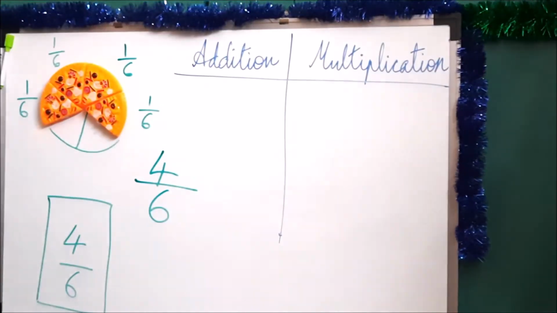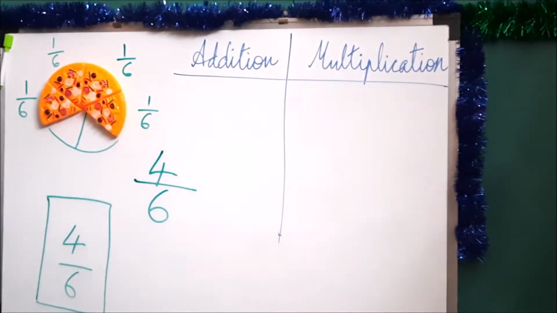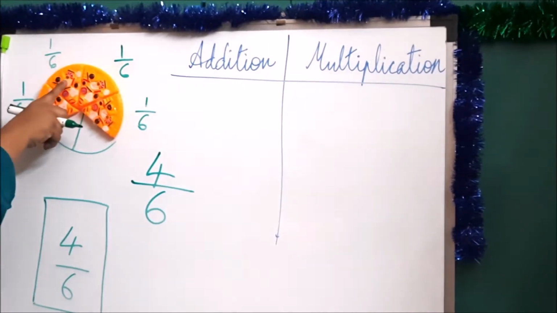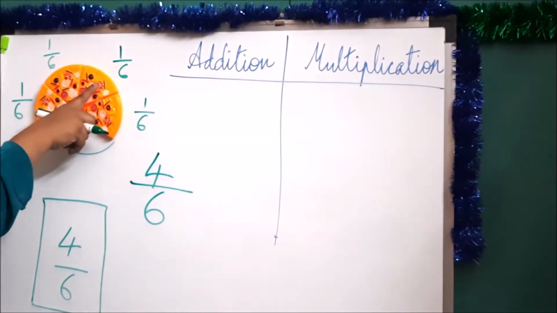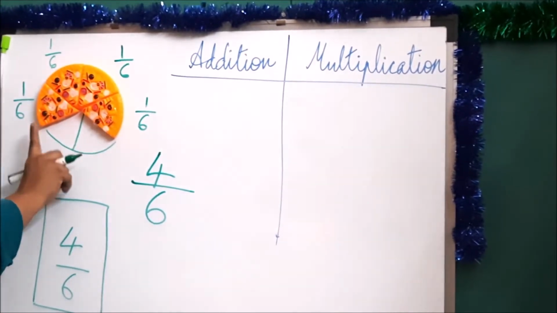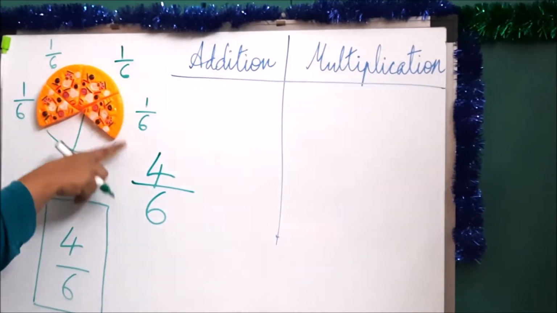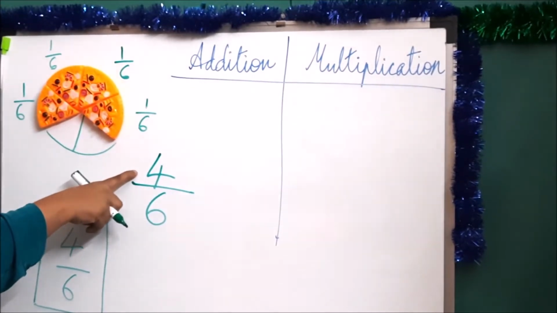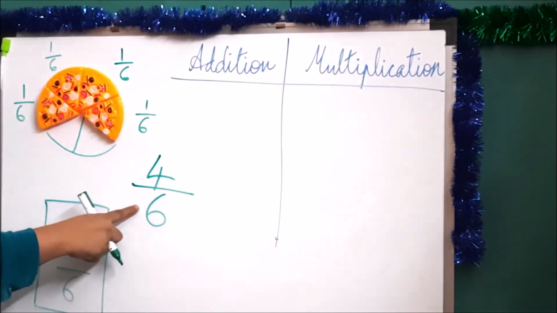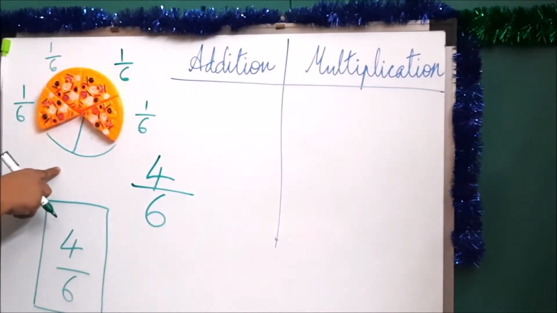Do you know what I just did? I added the pieces. 1 plus 1, 2 plus 1, 3 plus 1, 4. I did addition over here and I got a total of 4 pieces. And I ate 4 pieces out of the 6 pieces that were there.